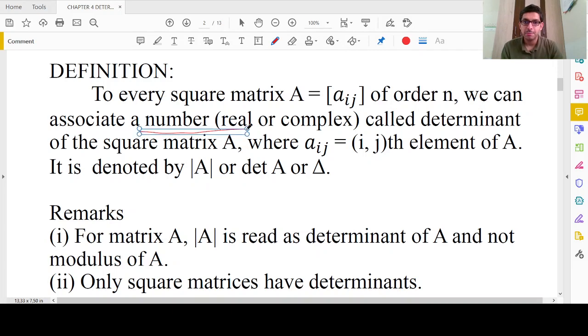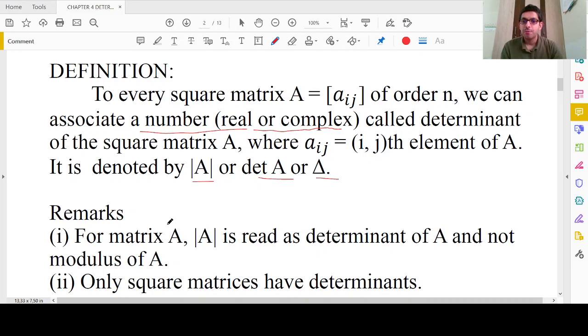That number can be either a real number or a complex number, and it is called the determinant of the square matrix A, where Aij is the ijth element of the matrix A. The determinant is denoted by determinant of A, det A, or delta.